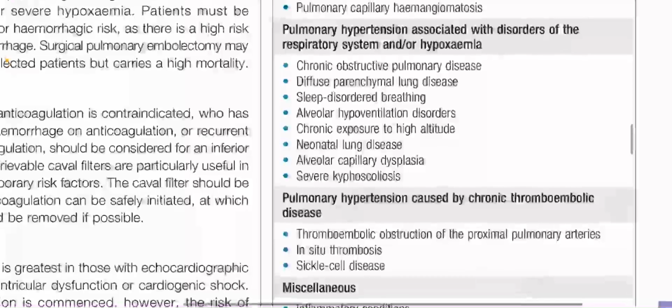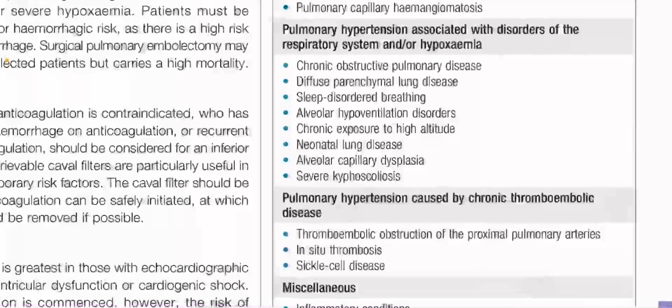Among the causes of pulmonary hypertension associated with disorders of the respiratory system and/or hypoxemia are chronic obstructive pulmonary disease, diffuse parenchymal lung disease, sleep disordered breathing, alveolar hypoventilation disorders, chronic exposure to high altitude, neonatal lung disease, alveolar capillary dysplasia, severe kyphoscoliosis.